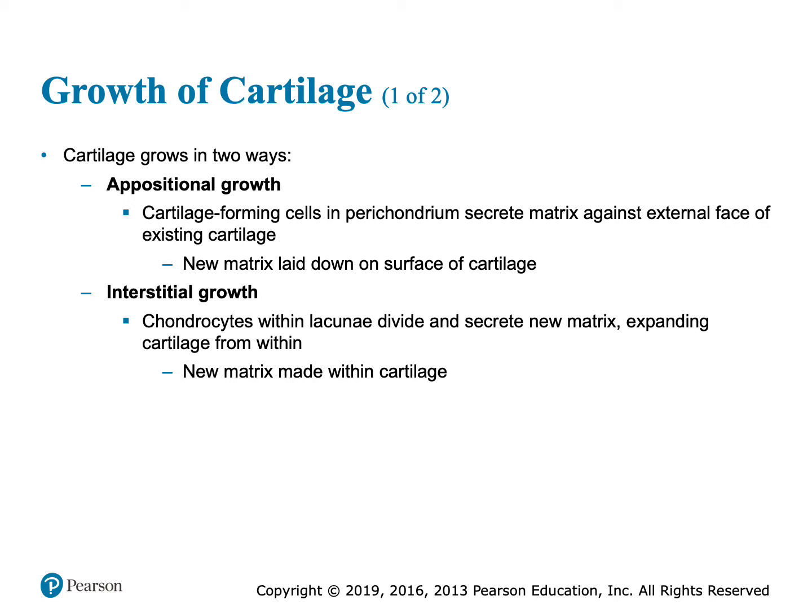So if you can imagine the perichondrium is this wrap around the cartilage, if we have some cells inside the perichondrium laying down new cartilage, well, then it's making that cartilage surface area wider. Interstitial growth is what's going to help it expand almost like in length. So inside the cartilage that already exists, there's going to be some chondrocytes that are going through division.